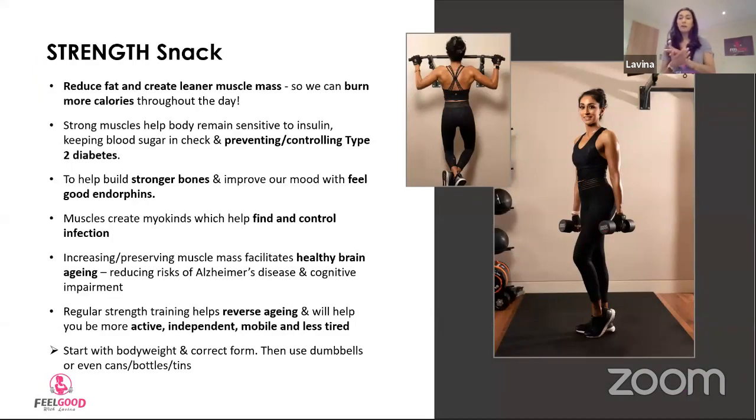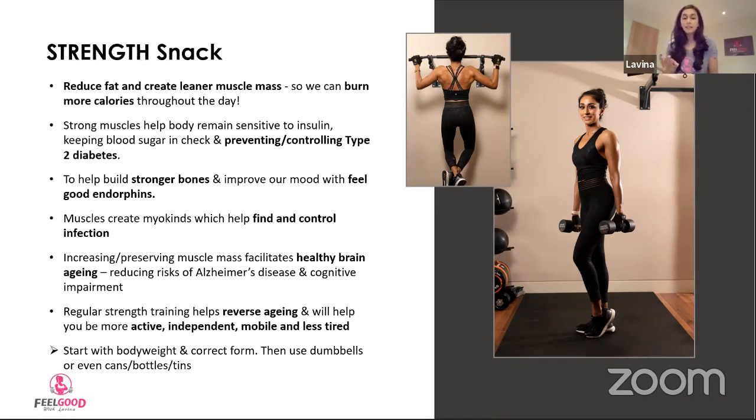Let's just talk about my favorite very quickly, strength training, a strength snack. Let's get a strong body and mind. Strength training is where you could just start off with your body weight. And I will try and show you a couple of moves if we're not out of time. It is going to help you burn fat and build lean muscle.